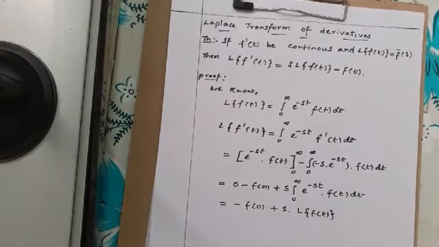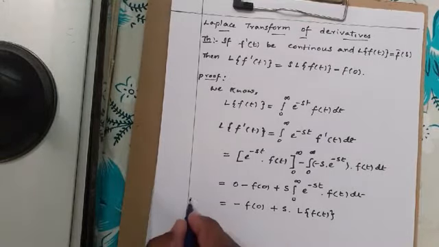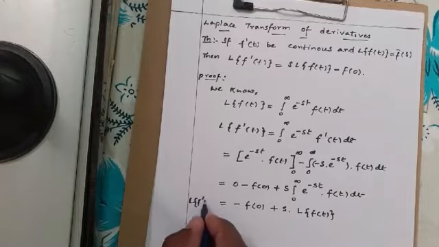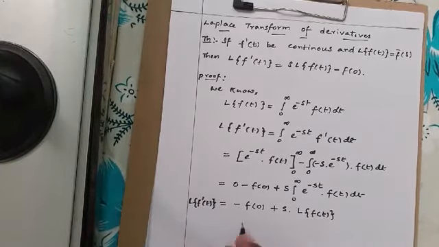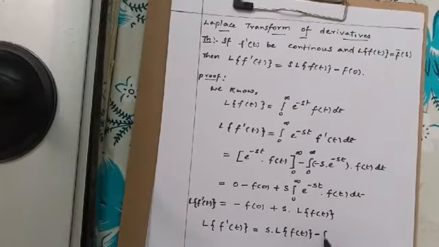So now this is s into L of f of t, and we started from L of f dash of t. Then I can write Laplace of f dash t is equal to, writing the positive term first, s into L of f of t minus f of 0. So hence proved. This is the theorem which we have proved just now.